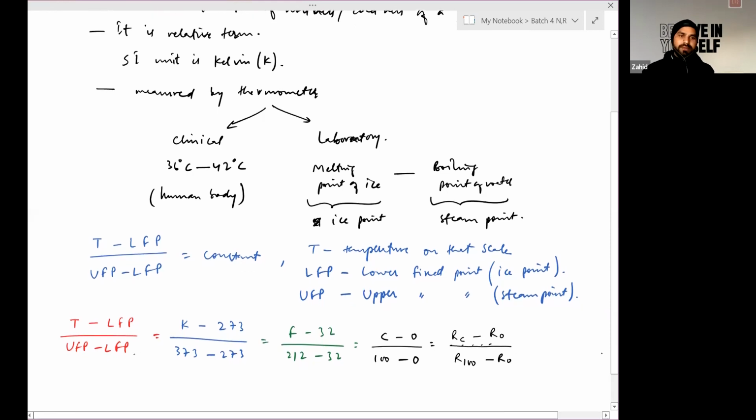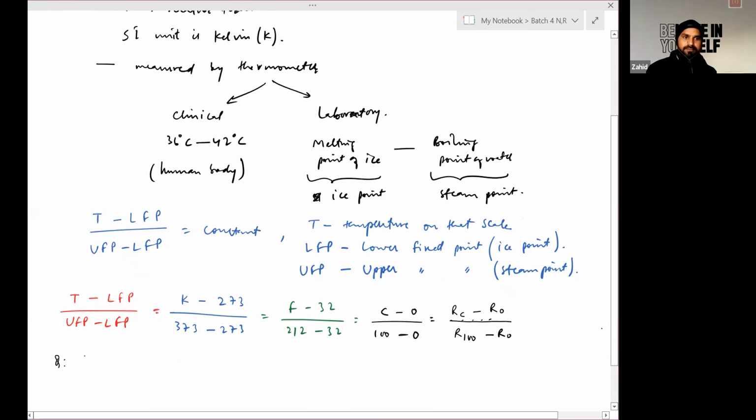Now, first question related to this: find the temperature at which Kelvin equals Fahrenheit numerically, and Fahrenheit equals Celsius numerically. Try to find. Just put the value of K and F as X and X in this equation and equate them.